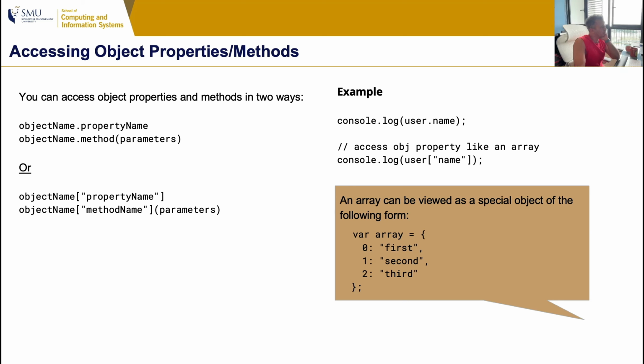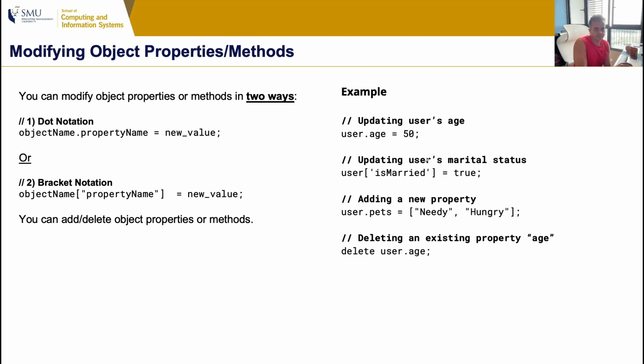As we saw some time ago, a property of an object can be accessed just by typing in the property. For instance, user.name. User is an object, and name is a property. You can get it like that. Or you could use this array kind of syntax, which is actually quite useful in certain situations. Again, you will have to see some examples, which you will later in a couple of weeks.